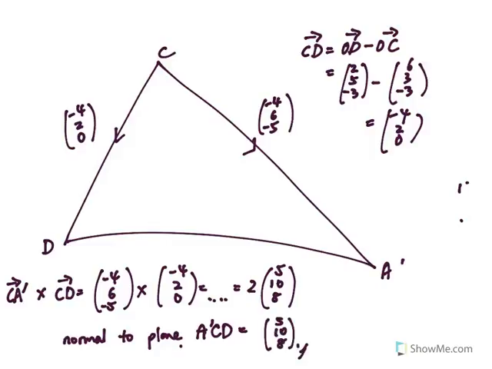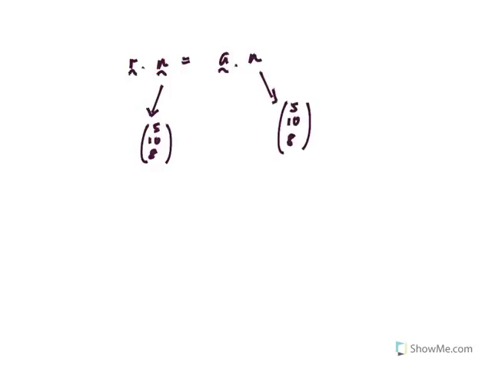After that, I can take any point on the plane. Maybe I can just take OD, the position vector of the point D that lies on the plane. Very quickly, using r dot n equals a dot n, our n, as we found earlier, is 5, 10, 8, for the plane A prime CD.